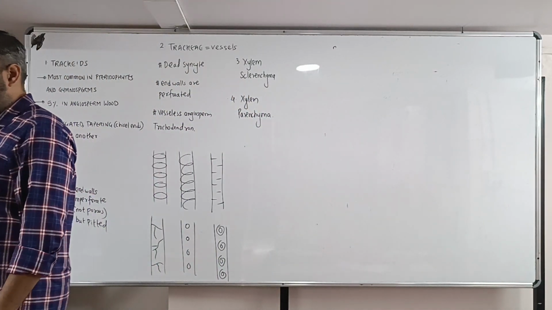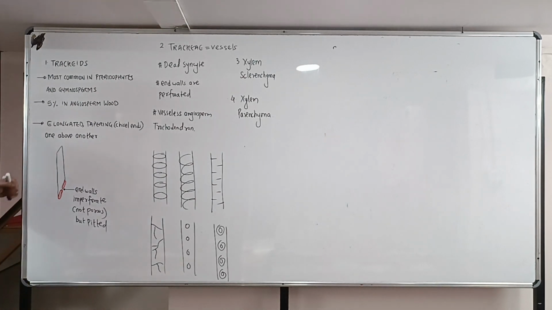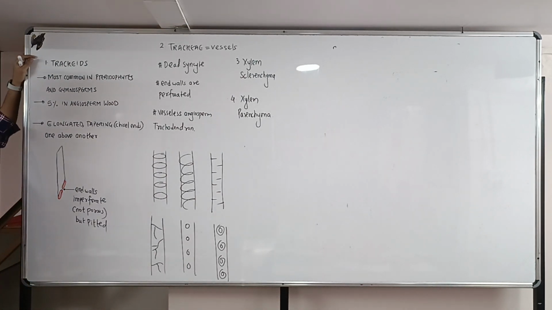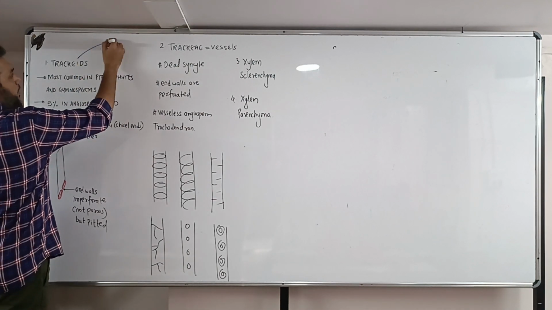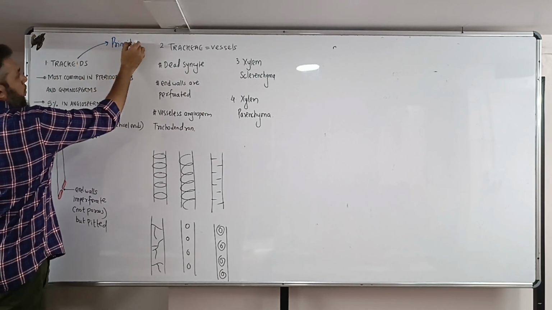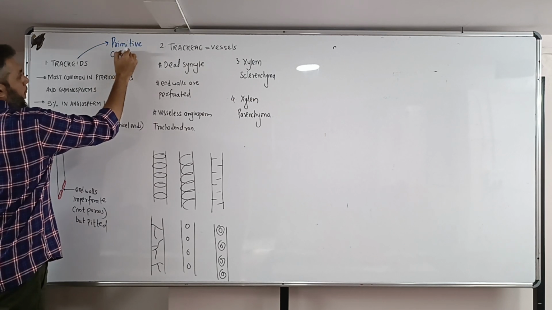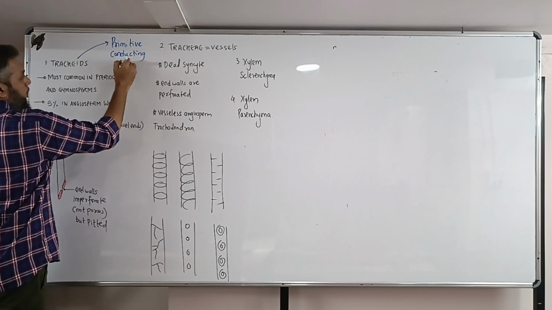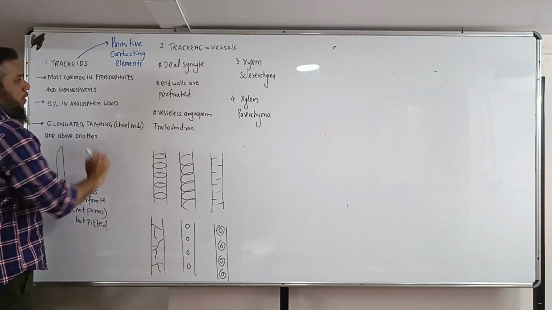Now, the first type of element is the tracheids, and tracheids are most commonly found in pteridophytes and gymnosperms. So what should I call them? Advanced conducting elements or primitive conducting elements? Can I say that the tracheids are primitive conducting elements?